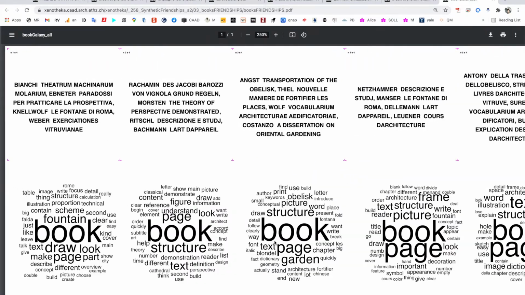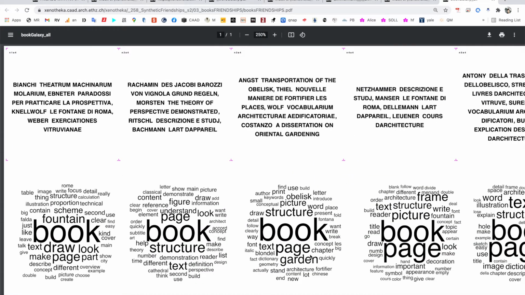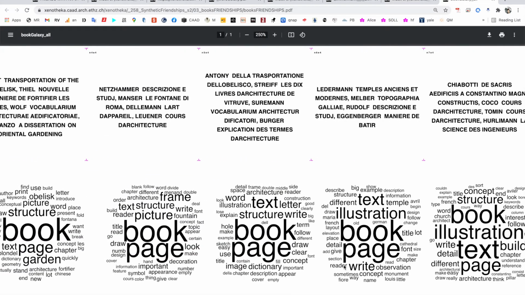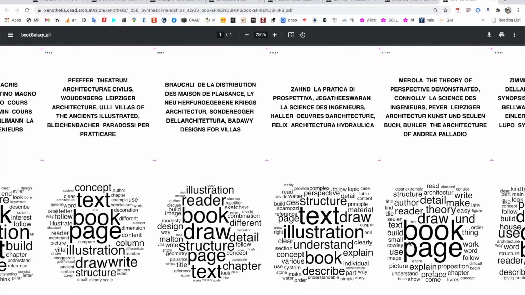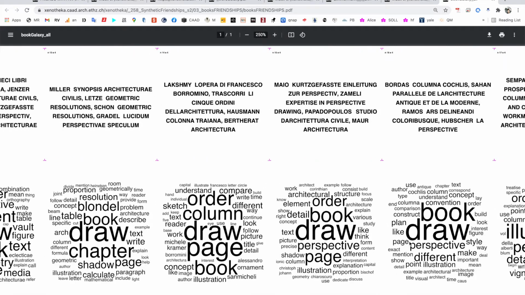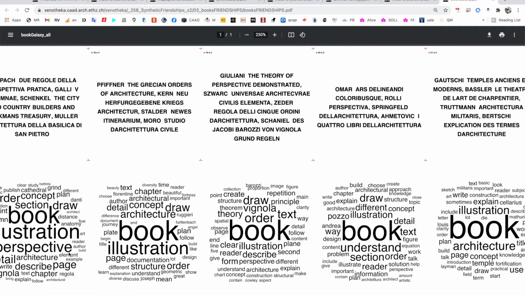Let's go from this side. They're about books and drawing, books and structures, books and pages, illustrations. And then we are going towards drawing and illustration and books and drawing is becoming stronger and stronger. The perspective is coming. And we can look for each of these word clouds, who is talking about them. This is the guys who are talking about them. Here are these guys who are talking about this.